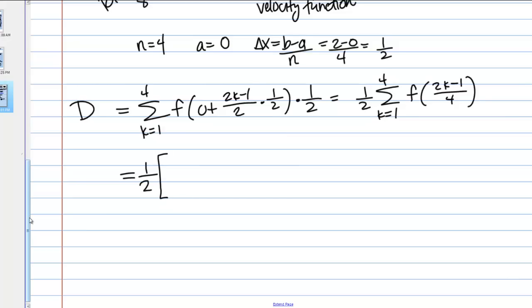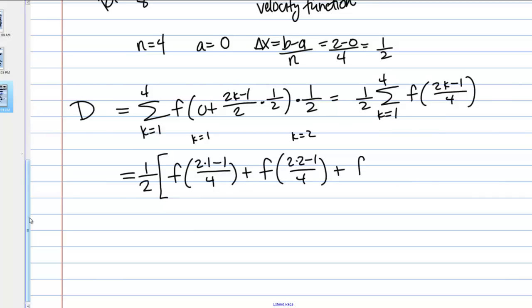Okay, so what do I mean by that? I just am going to plug in k equals 1, 2, 3, and 4. Okay, so if I plug in k equals 1, I get f of 2 times 1 minus 1 over 4. If I plug in k equals 2, I get f of 2 times 2 minus 1 over 4.